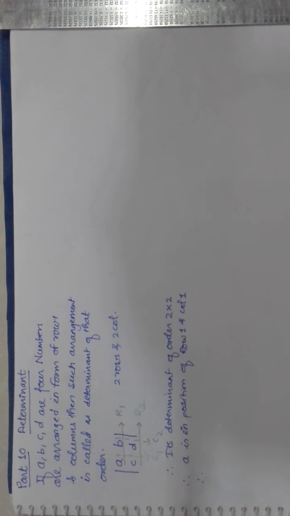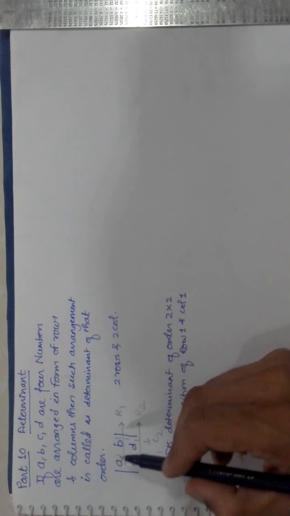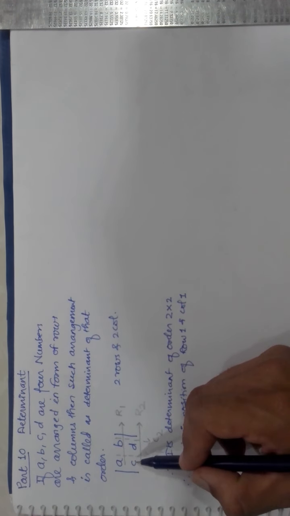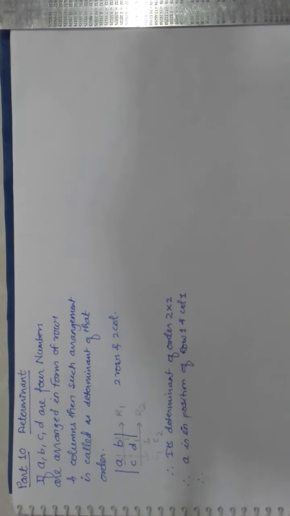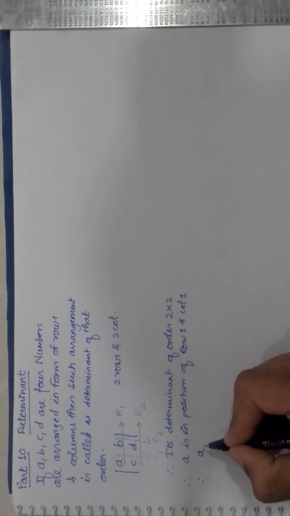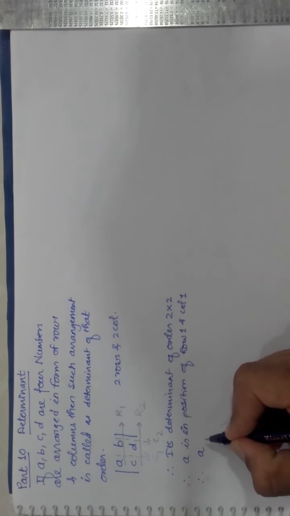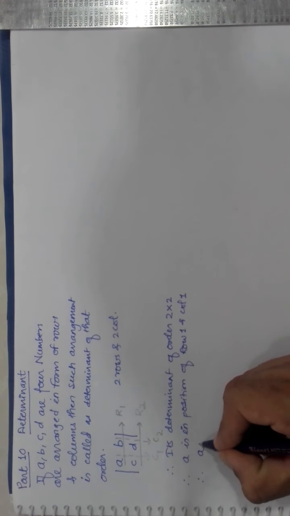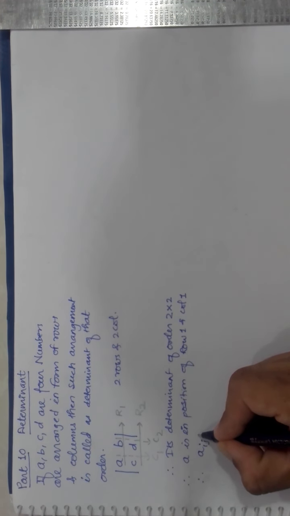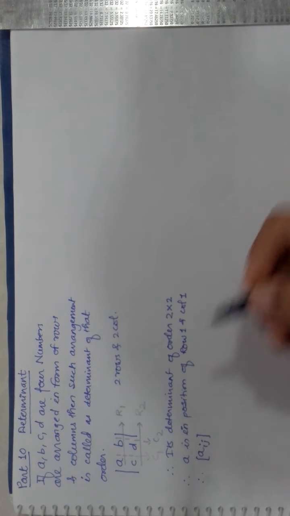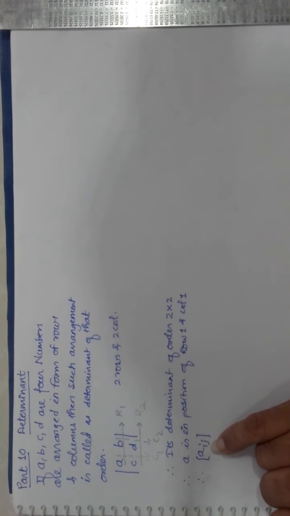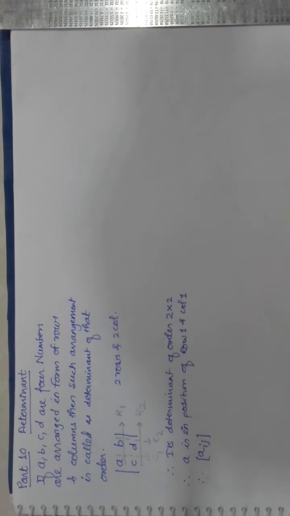So if I take this determinant to be this A, this B, this C and this D, all are called elements. So if I take the element of the determinant to be A and the position of it is shown by ij, then Aij indicates the element lying in row number i and column number j.